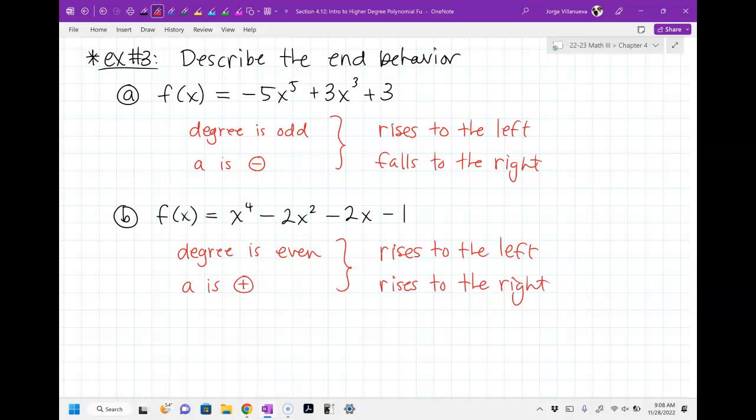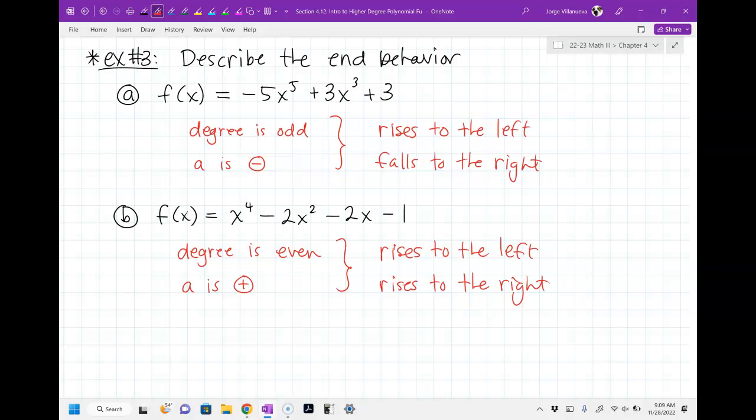Does this make sense? I mean, it's just based on the highest power and your A term, okay? And that's all. And then you're just going to look at a list and say, okay, this fits right here, and write down what it tells you. All right? So maybe I won't do the extra one. We'll leave that one for you guys. All right.